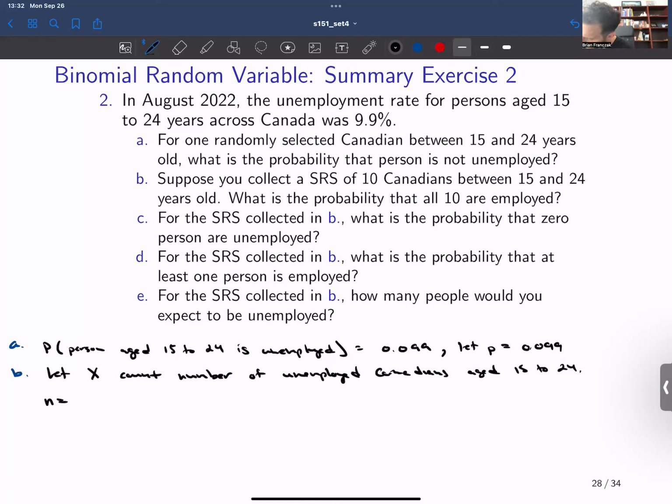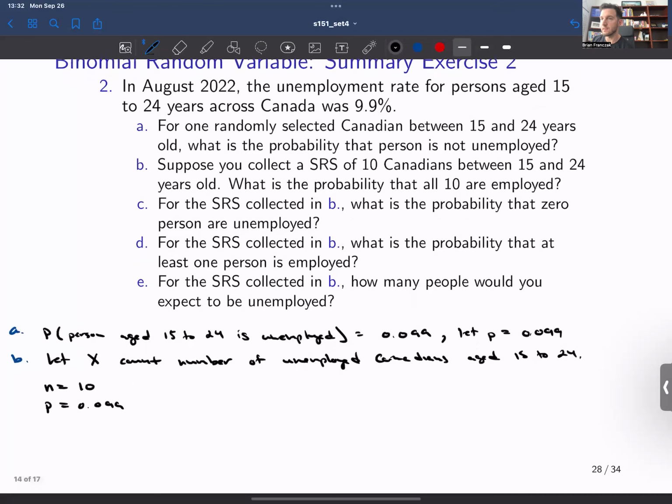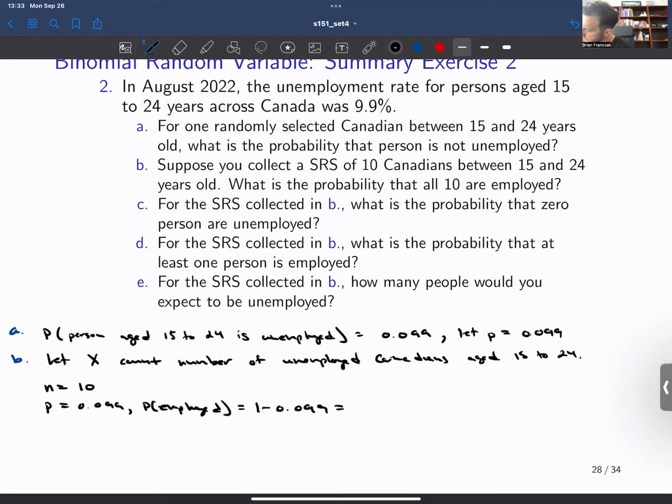So N is equal to 10, and P equals 0.099 represents the probability of being unemployed. The probability employed is equal to 1 minus 0.099, which is 0.901.